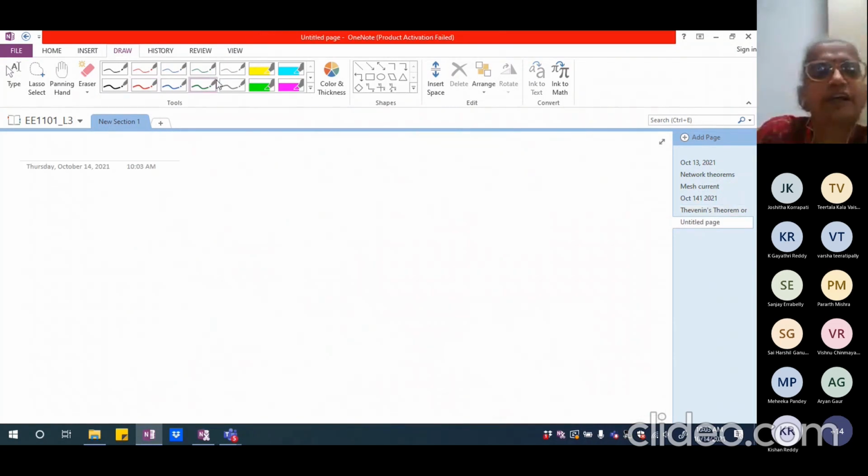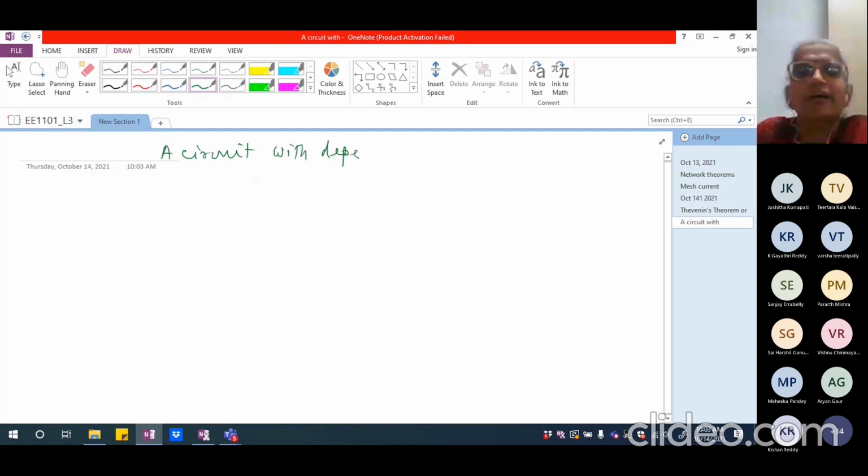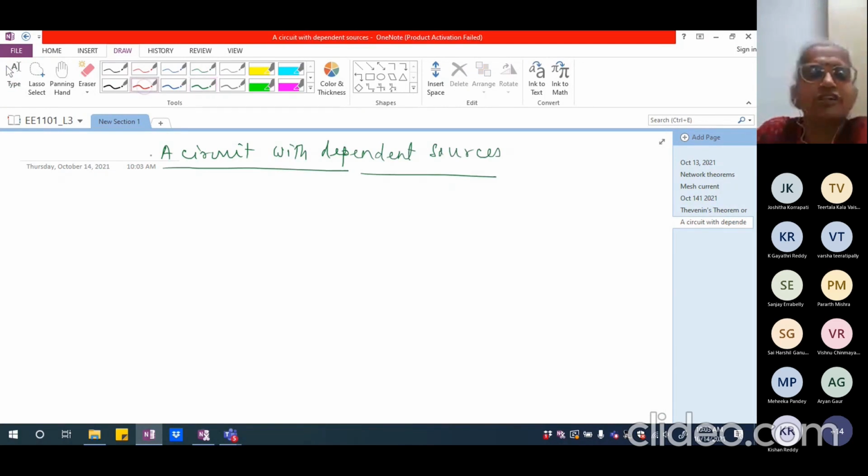Okay, so before we conclude on Thevenin's and Norton's theorem, the last one we are going to look at is a circuit with dependent sources. We are going to solve the Thevenin equivalent for this circuit.